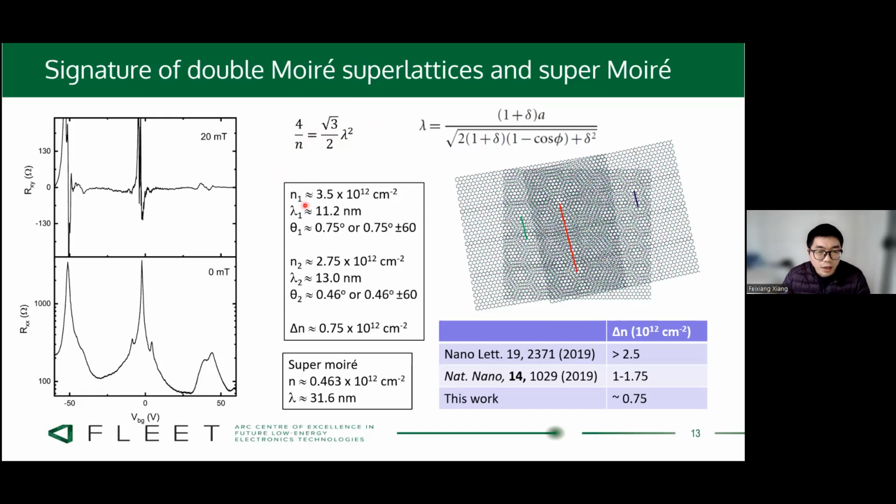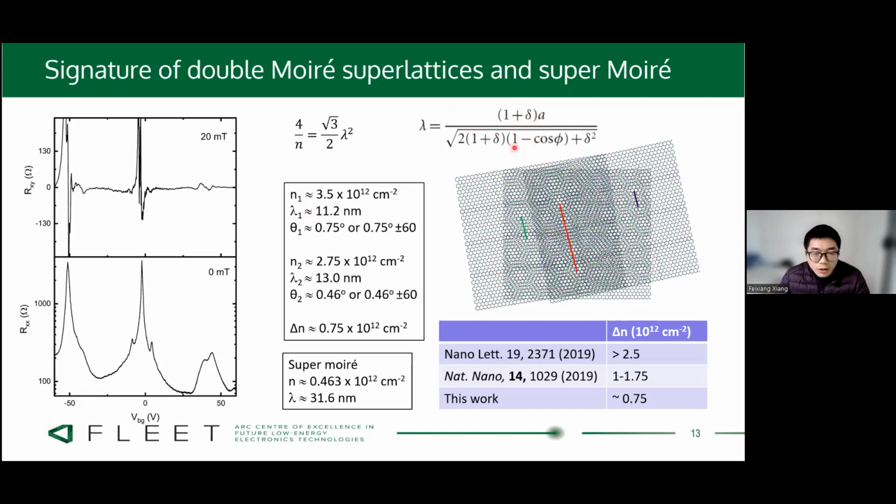So we get the periodicity of the moiré wavelength from the two moiré superlattices: one is 11.2 nanometer, and the other one is 30 nanometer. And we can further estimate the twist angle from this equation.